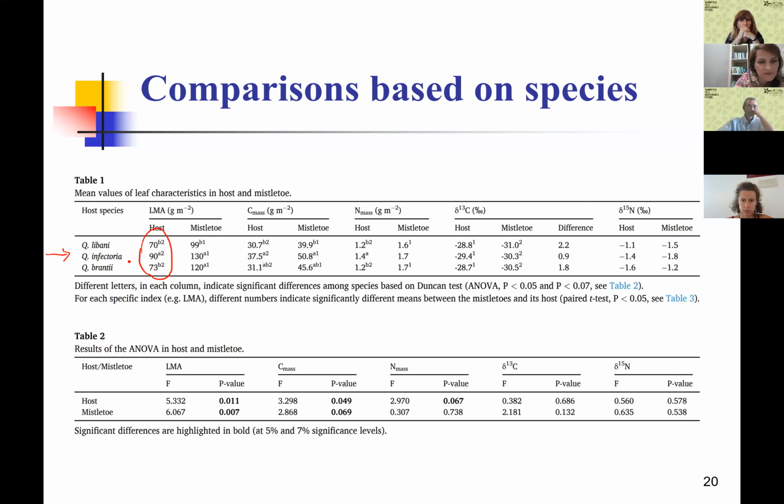So Quercus infectoria is different in LMA from Quercus libani and Quercus brantii, and also in carbon content and nitrogen content, all of them. Quercus infectoria has the highest value, and it has a significant difference between species.